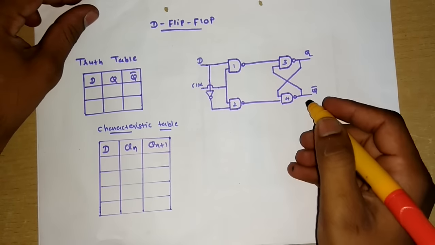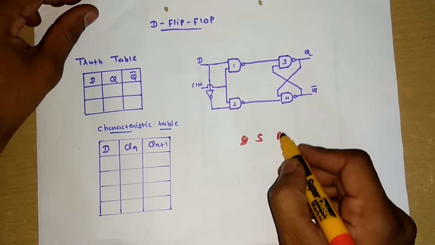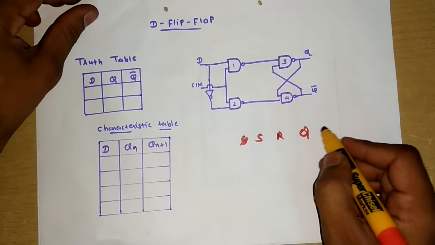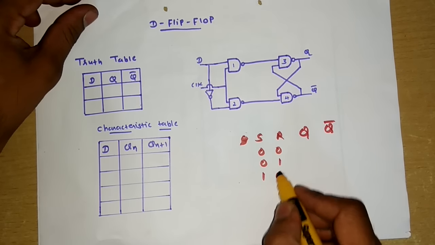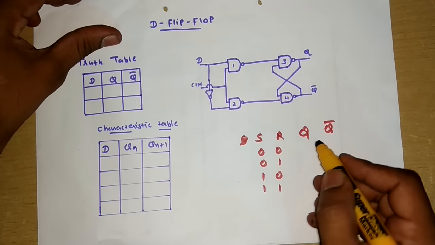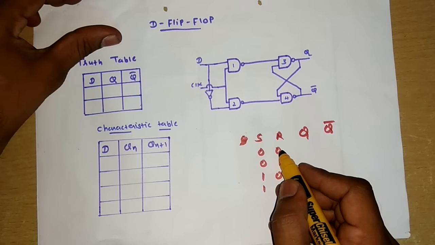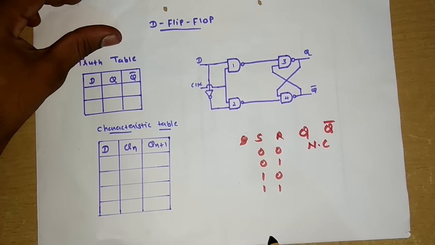Now if you look at those four possibilities, they were 0 0, 0 1, 1 0 and 1 1. So the truth table of SR flip-flop says that when S and R are 0 0, there is no change in the state of flip-flop.